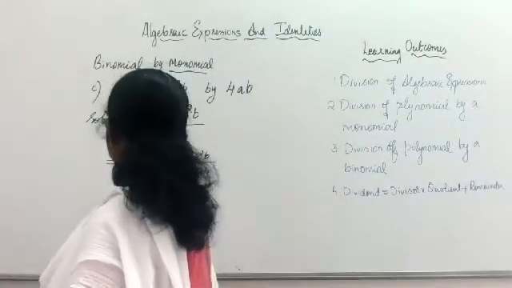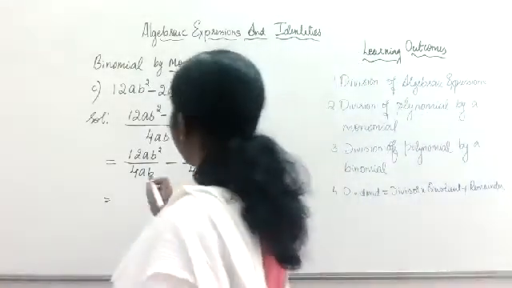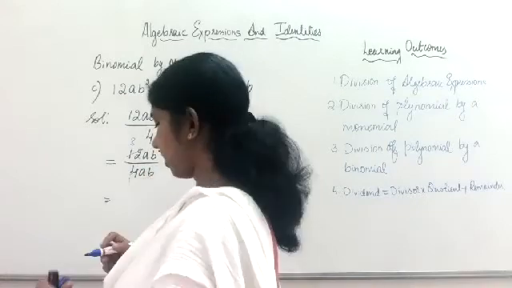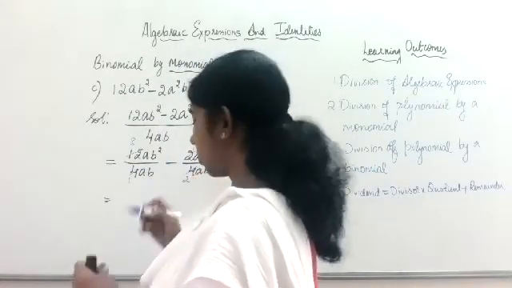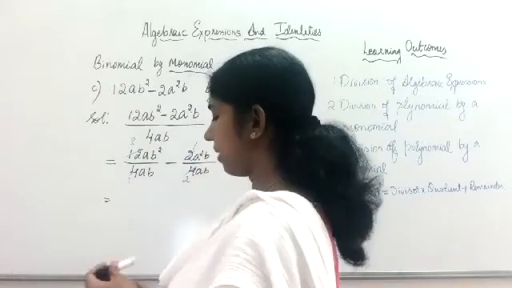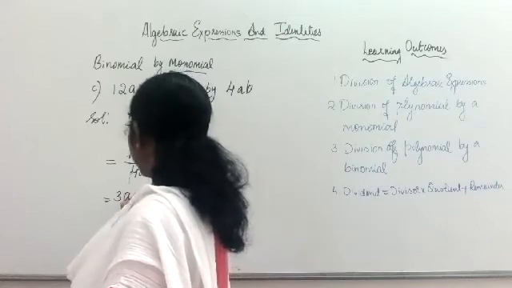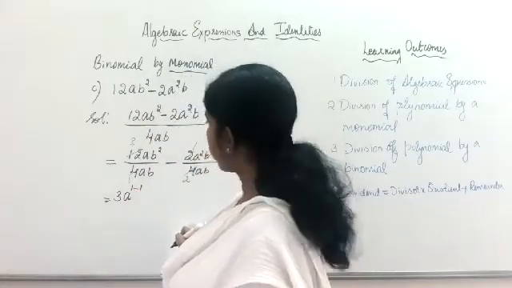So this will be 4 ones are 4, this is 4 threes are 12. So here also 2 ones are 2, 2 twos are 4. Now look at this. This is A to the power 1 in the numerator as well as denominator, so A to the power 1 minus 1.